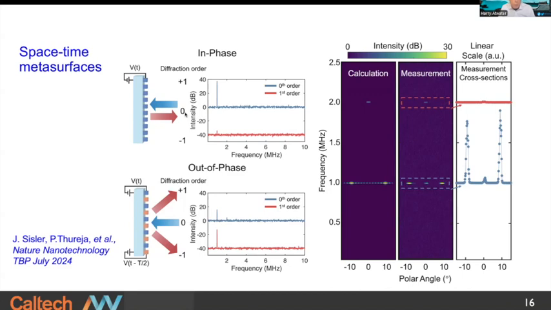There's a little bit of 0th order beam because we didn't do the optimization here for the suppression of the 0th order. But you can see it's pretty good in the measurement on the right, and the entire frequency polar angle plot is shown here on the right in both the calculation and in the measurement. So you can see here the steered beams at 1 megahertz.